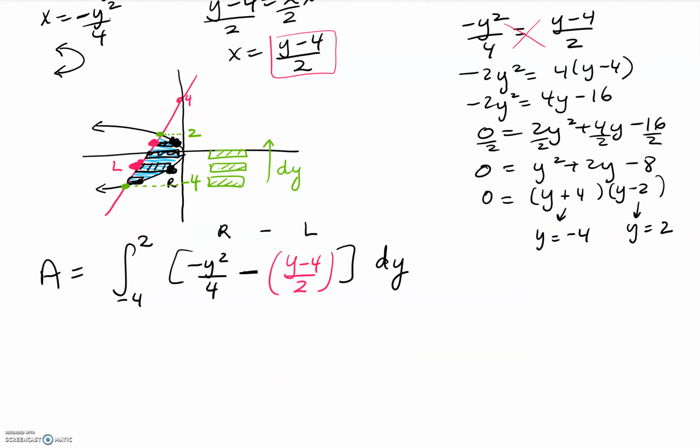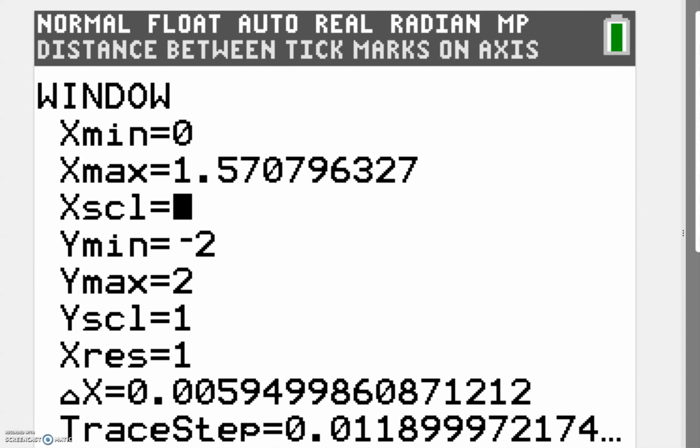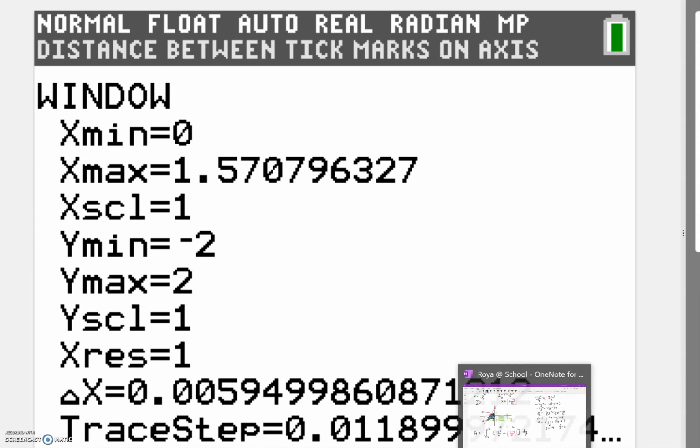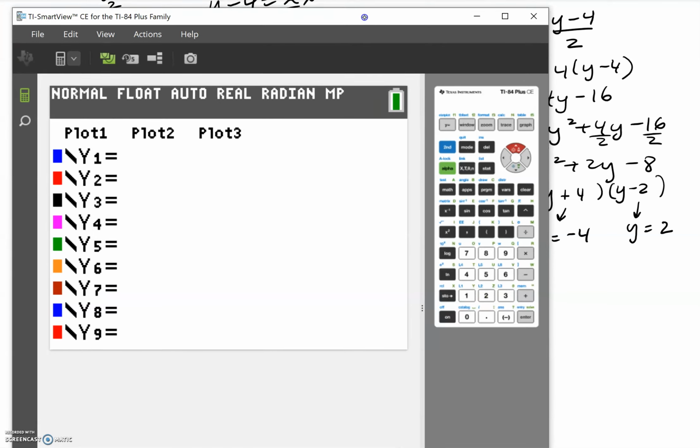Again, it's just a power function. I can distribute, combine like terms, and do the integration by hand, but we can go punch it in our TI and practice how to use our TI to get the area. So let me get it to fit the window.